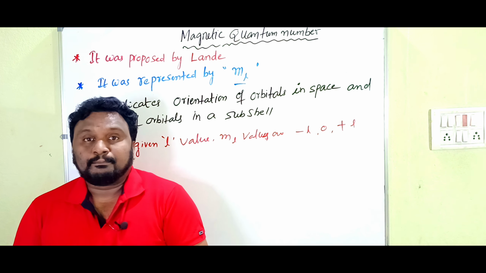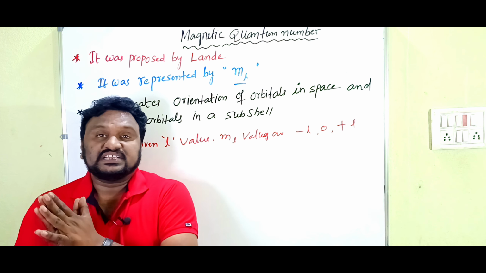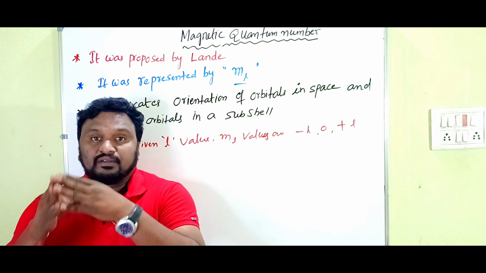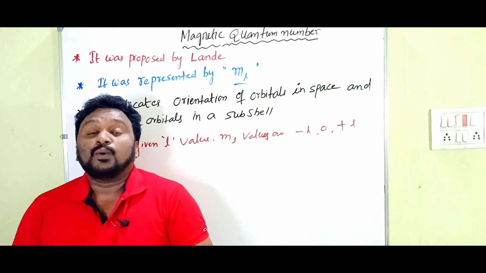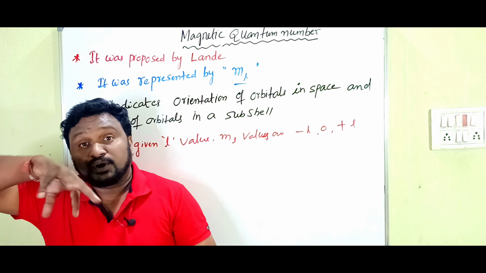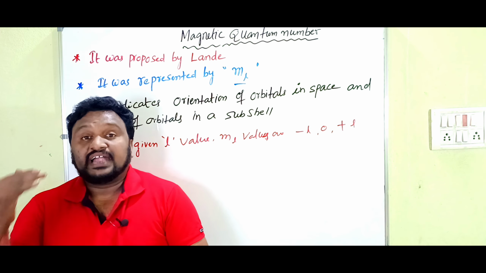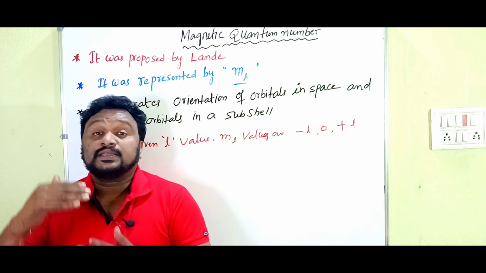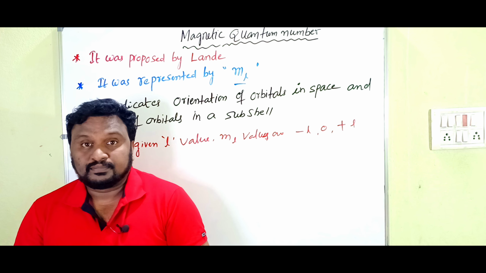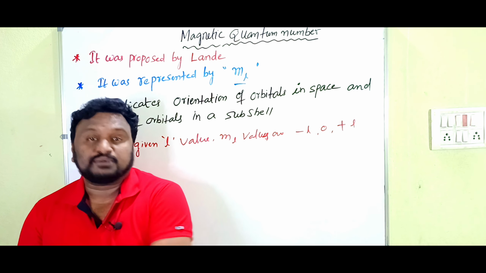What is meant by the magnetic quantum number and what is its importance? The magnetic quantum number explains the orientation of orbitals in the space surrounding the nucleus, and it also explains the number of orbitals in a subshell.